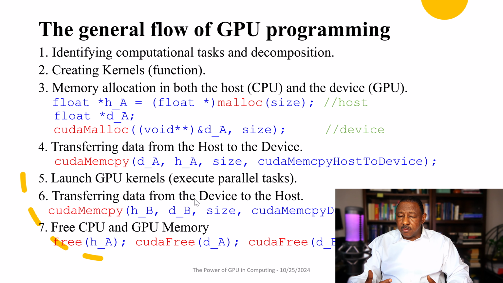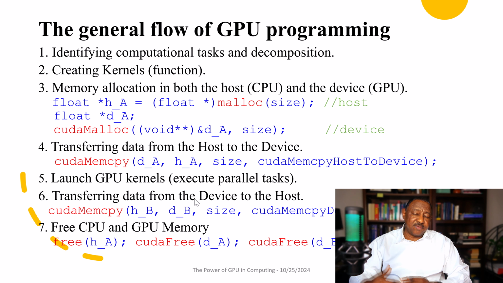And we use pointers, and most of the time we are dealing with pointers in this kind of programming, because we can take the pointer, the address of the memory, instead of the value. So after that, we transfer that data, already in the CPU, from the CPU or from the host to the device, and the device is the GPU.